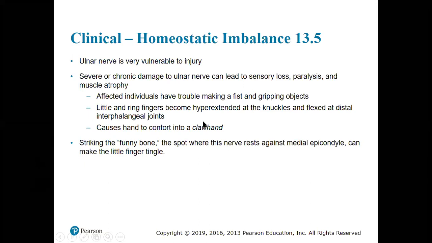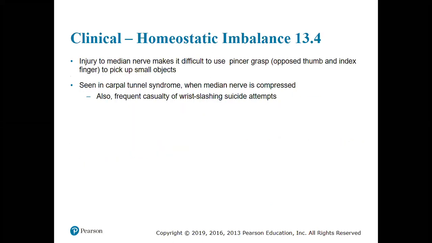It can result in some sort of contortion known as the claw hand. It can hurt, and it's very painful. It can occur in individuals even of younger ages too. Doesn't mean that it's just older people.